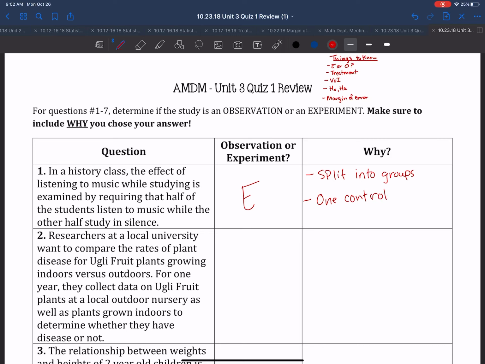Okay, remember, control stays the same. So the silent group that's forced to sit in silence, that one stays the same. And then the treatment is given to the other. So the other group listens to music.